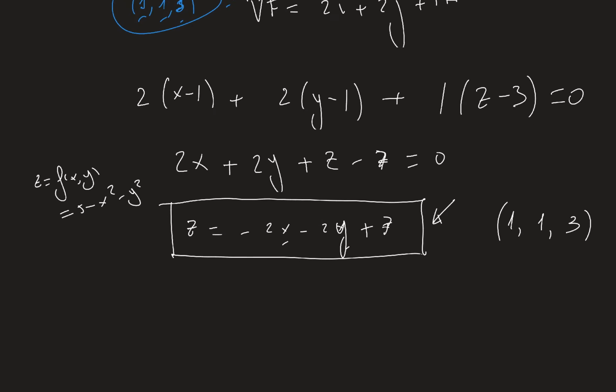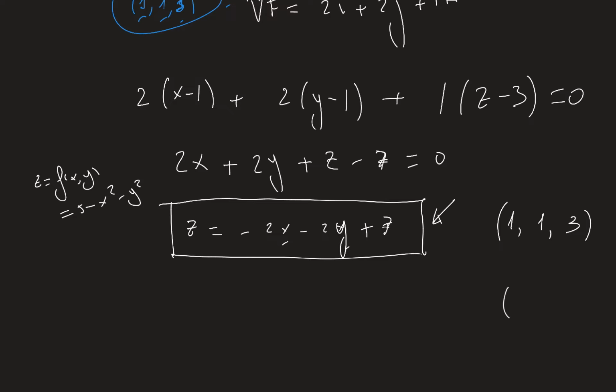For example, you are at the point 1, 1, 3, and now you move to the next point, but through the plane. You are walking through the plane. Now you are not walking on the surface any longer. You are walking on the tangent plane.